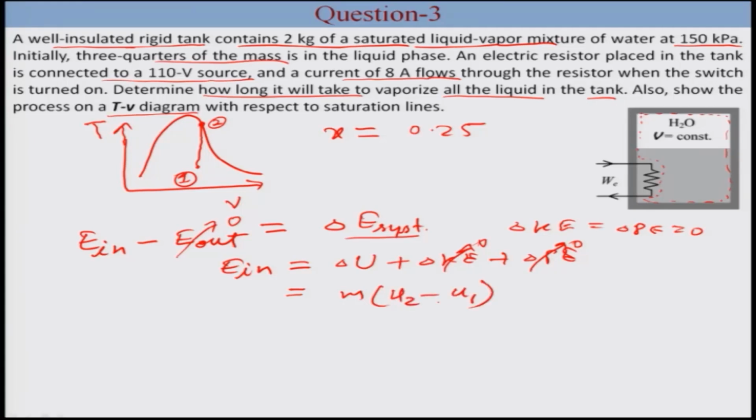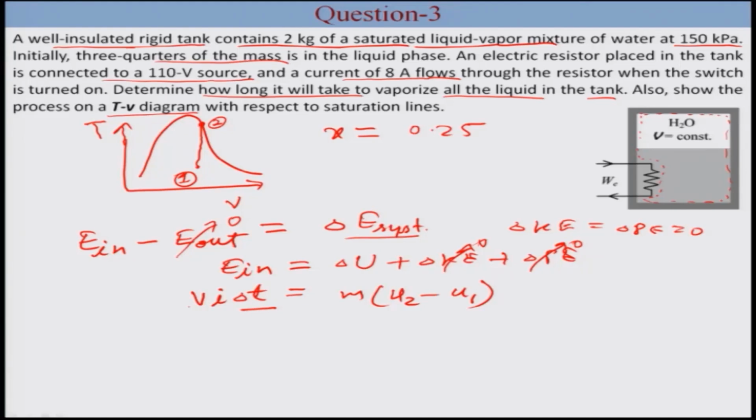And energy in is nothing but energy coming from this resistor, which is V times current times delta t. So the total energy during this interval will be VI delta t. So we have to find this delta t. For that we need to know u2 and u1, and we know V and I.